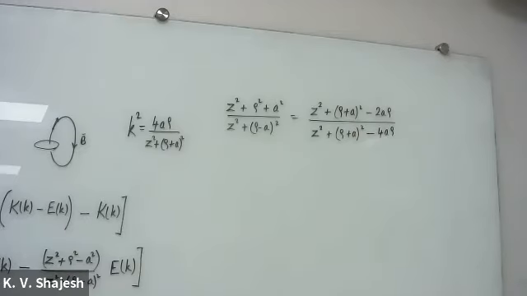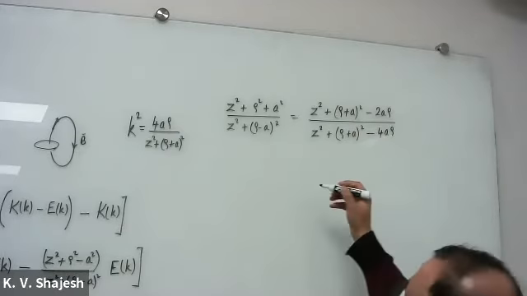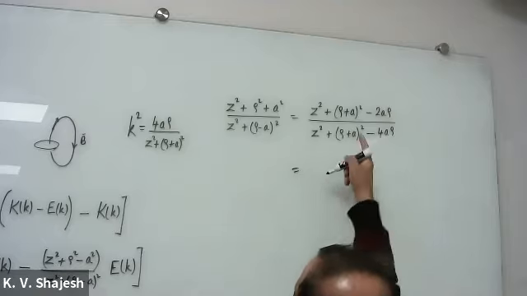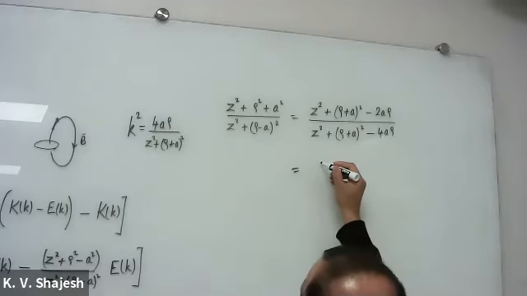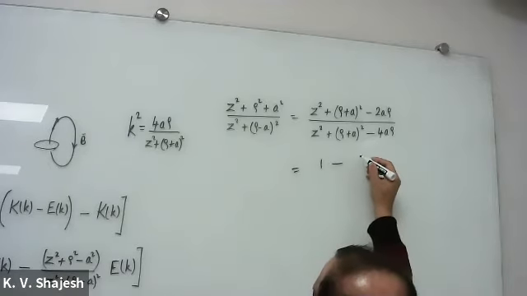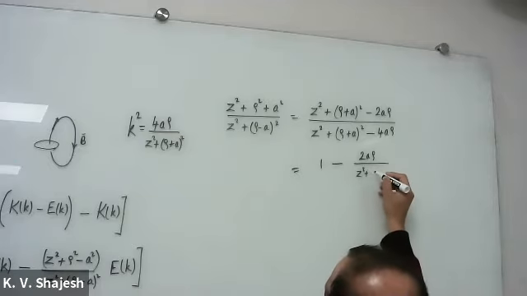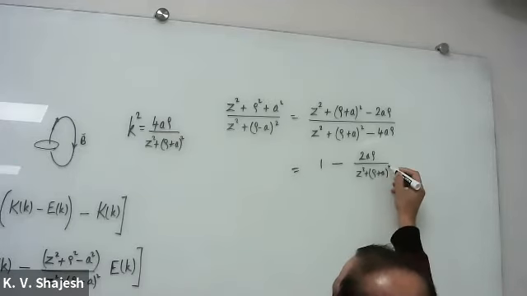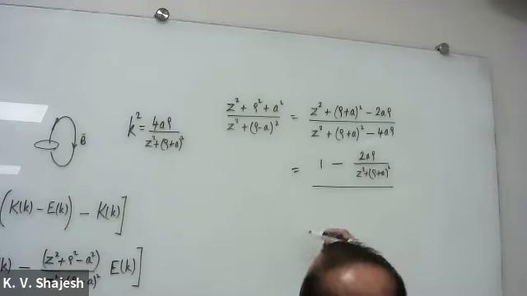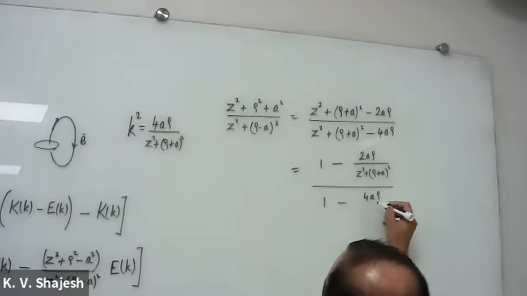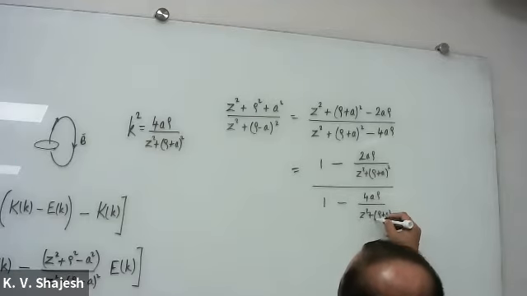Divide this out on both sides. So I have 1 minus 2a rho divided by z square plus rho plus a the whole square. That's the numerator. And in the denominator, I have 1 minus 4a rho over z square plus rho plus a the whole square.